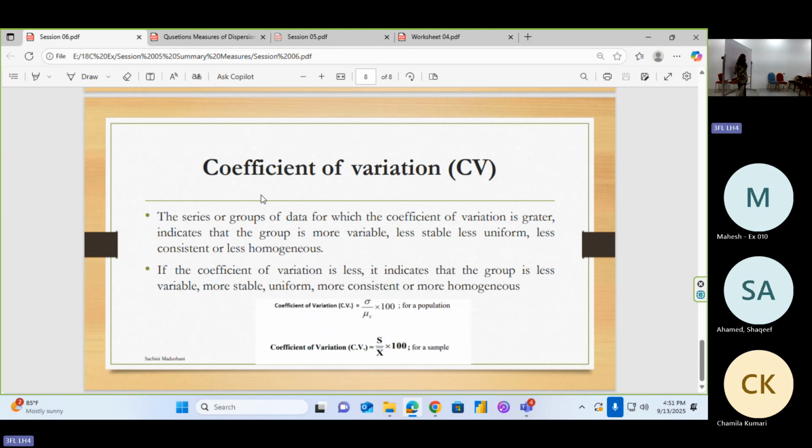Out of the measures of dispersion we use standard deviation, and out of the measures of central tendency we use x bar, times 100. This we call the CV value, the coefficient of variation. Using the CV value we can easily do the comparison.